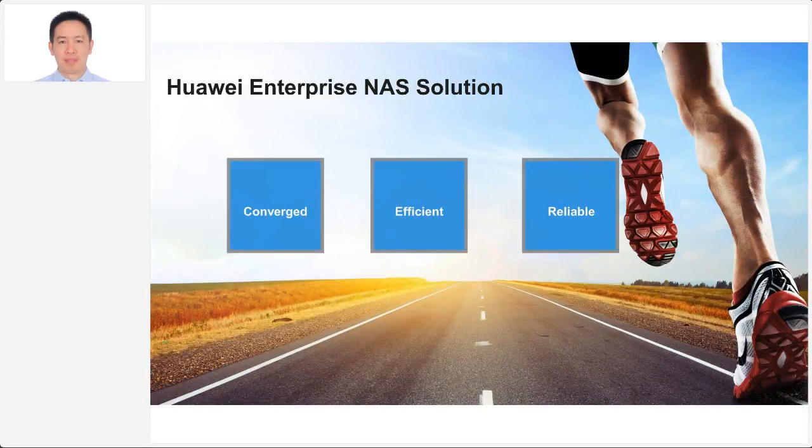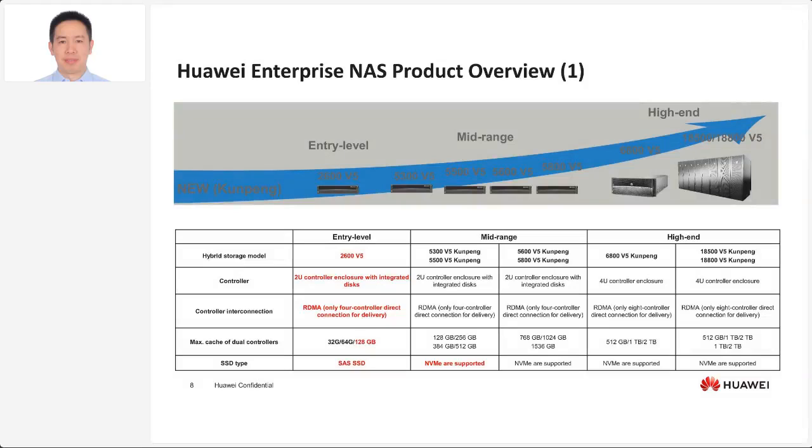And then we come with the Huawei Enterprise NAS solution, a converged, efficient, and reliable solution, to solve those challenges or issues which we have in the industry. For sure, Huawei has a wide range of portfolio for the NAS product, from entry level to mid-range and to high end.